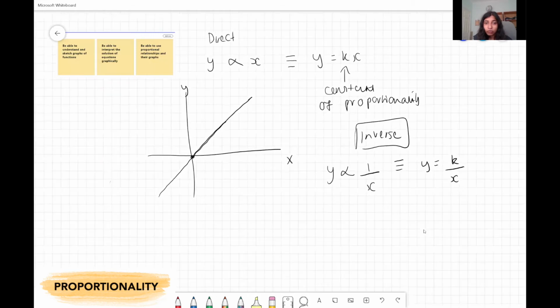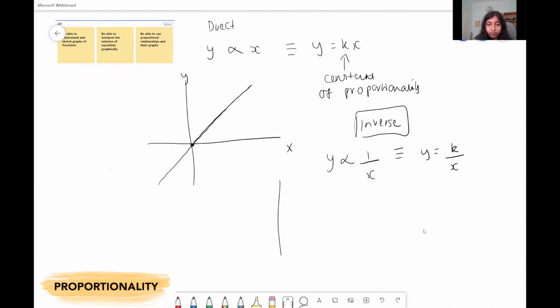So therefore the graph of an inverse proportion would be, if x is on this side and y would be on this side, the graph would just look something like this. Yeah, so we're just doing it for the positive values of x.